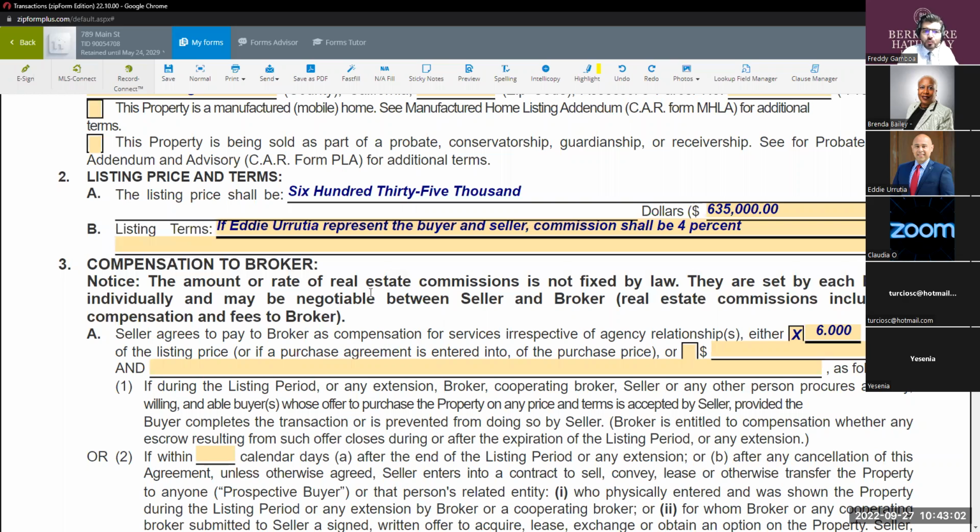Now, why do we want to put our name and not Berkshire Hathaway Home Services? Because if Berkshire Hathaway Home Services represents the buyer and the seller, now you're saying that anybody in this broker firm, whoever brings the buyer, is going to get paid 4%, or 2% on each side, which we don't want. So this is why you want to put your name instead of the company's name. Does that make sense?